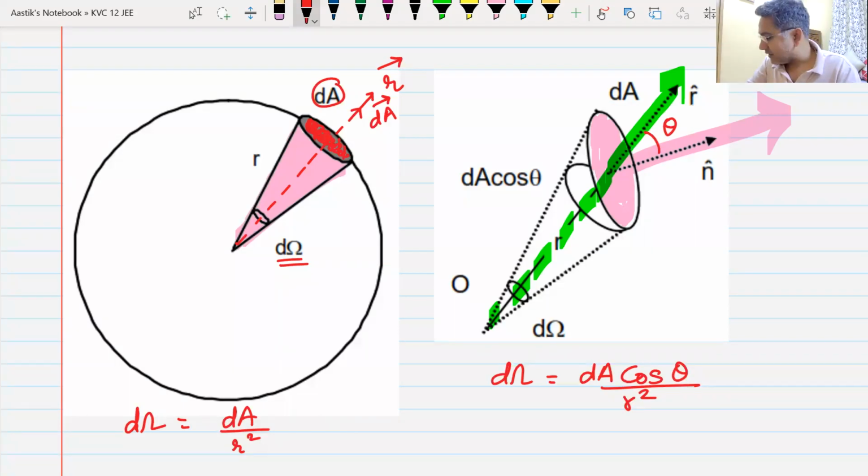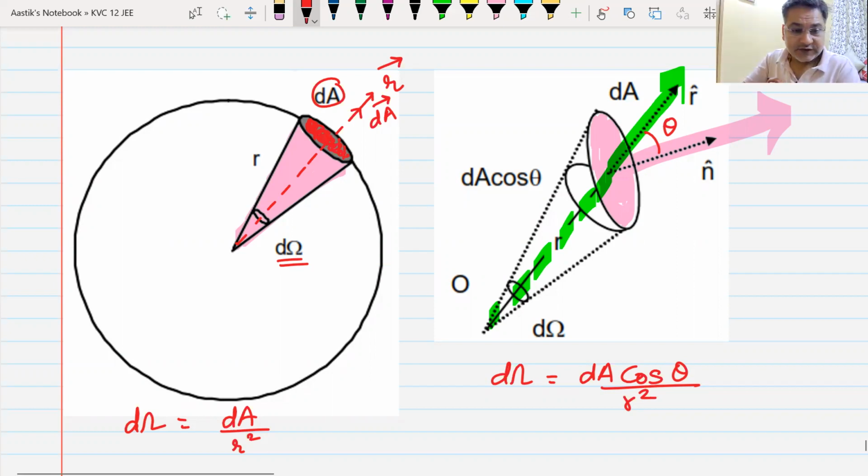The next thing that you have to understand is if you have any type of closed surface, the angle that it subtends at any internal point is going to be 4 pi steradian. So that is what you will write.